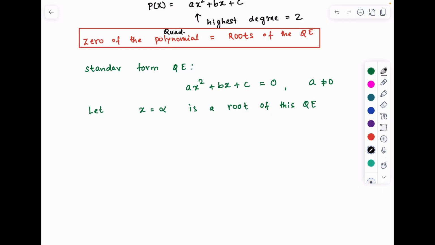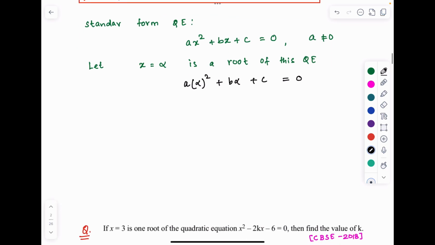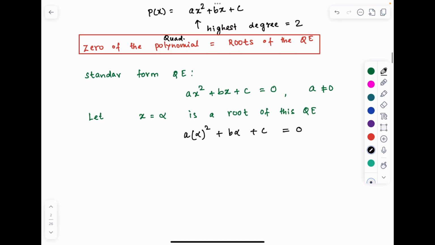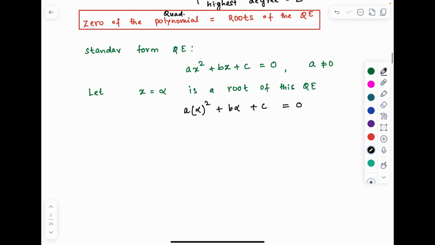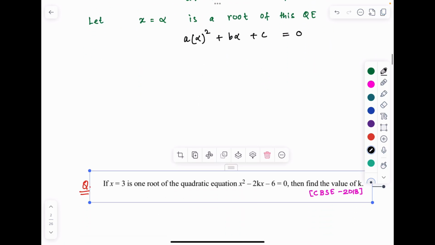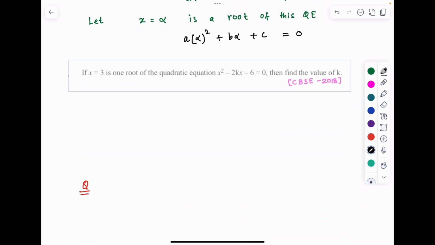That means x = alpha will satisfy this quadratic equation, so we put x = alpha and we get a alpha² + b alpha + c = 0. This is the root which will satisfy the quadratic equation.